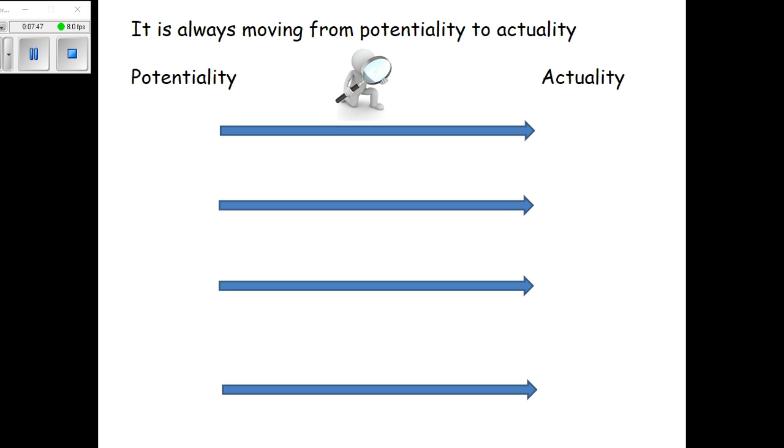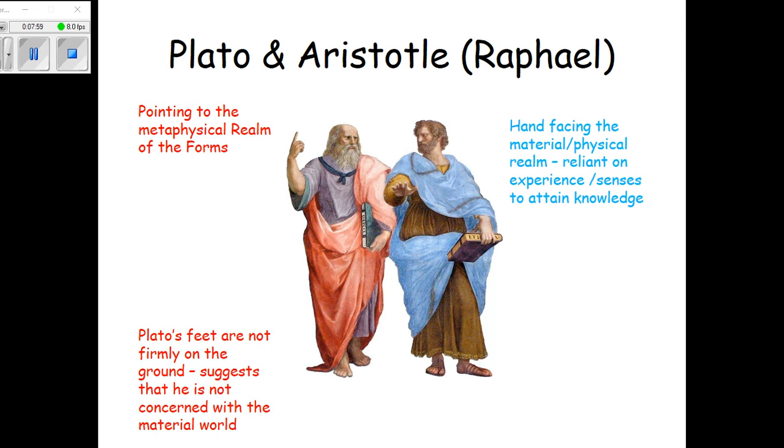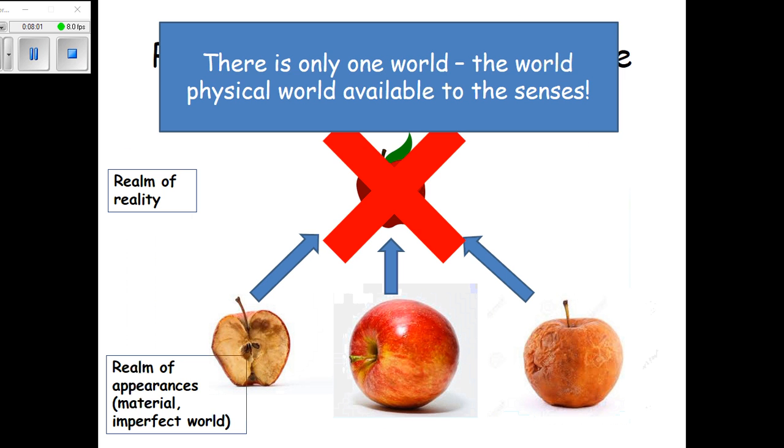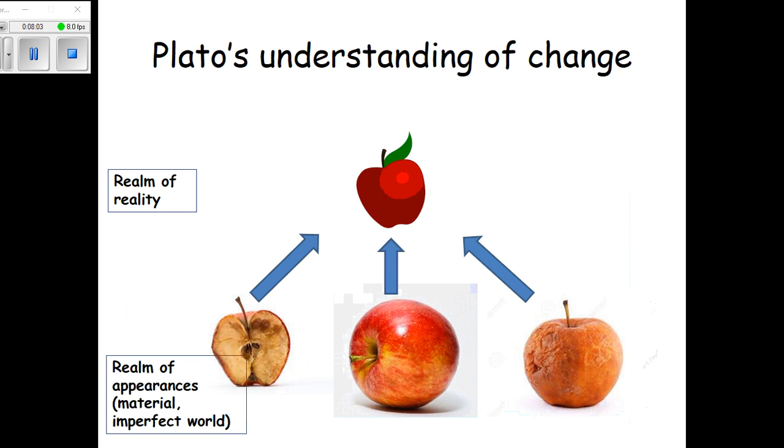So Aristotle looks at the world and he sees that the world is always changing. And remember, Plato thinks this as well. Plato thinks the world is always changing, but for Plato, it's because the world is a constant poor reflection of eternal forms. Each of these apples is somehow trying to be the form, but it's not succeeding, and it never will.